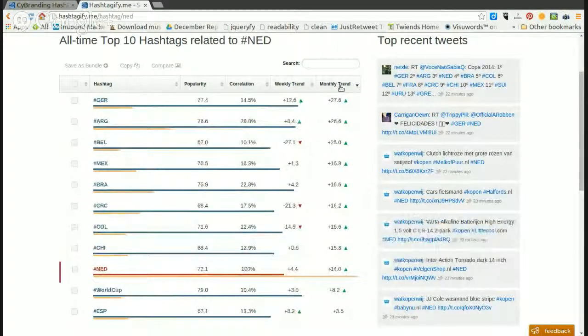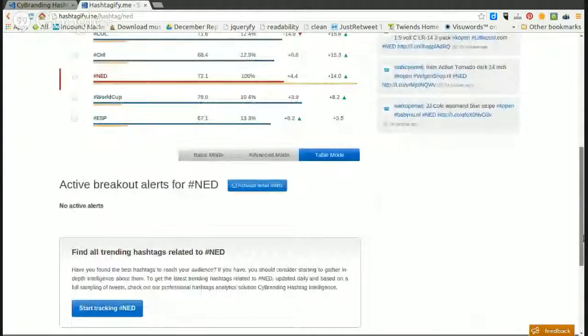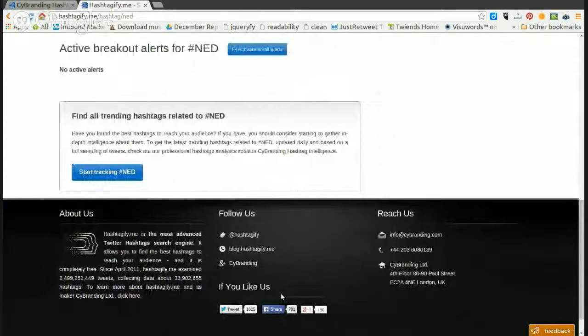And this can be useful because, for example, sometimes you can find a hashtag which is very popular, but actually it is not. Okay, one explanation is important. The data you see on Hashtagify Me is sampled. To get the information about millions of hashtags, right now we have information about almost 34 million hashtags, we couldn't examine all the tweets which are sent.